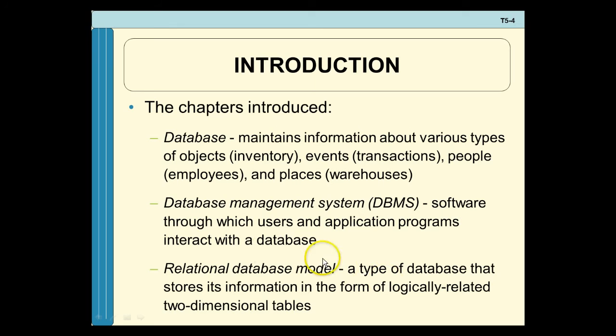And they all work off a consistent model called the relational database model. The relational database model has been in existence for a few decades now. What all of these database management systems have in common is that they all have the ability to create tables and create relationships between tables.